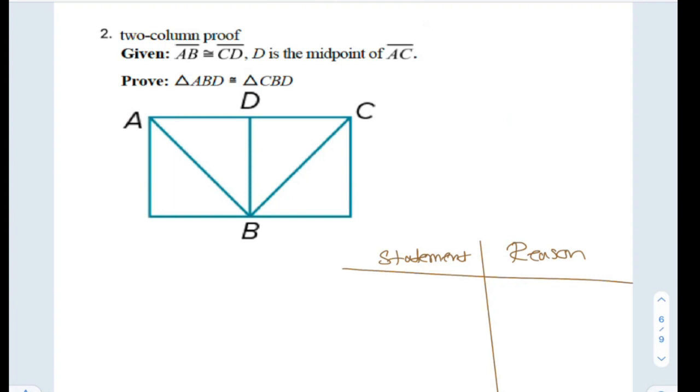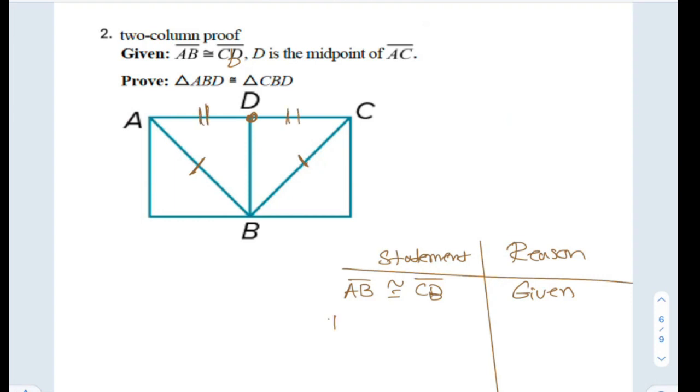We know now AB is congruent to CB. I will write it. It's CB by mistake, by the way. CB. And this is given. D is the midpoint of AC. So directly we know that the point in the middle means this is equal to that.